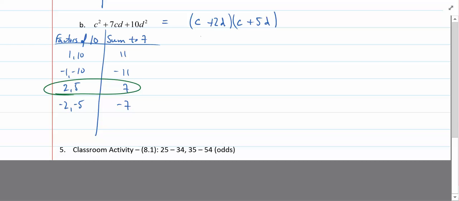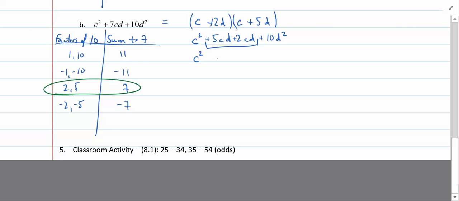To check our work, we'll go ahead and FOIL these two back together and see what result we get. The first product is going to be c squared. The outside product is 5cd. The inside product is 2cd, which is positive. And the last product is 10d squared. The middle two terms can combine together since they are like terms.